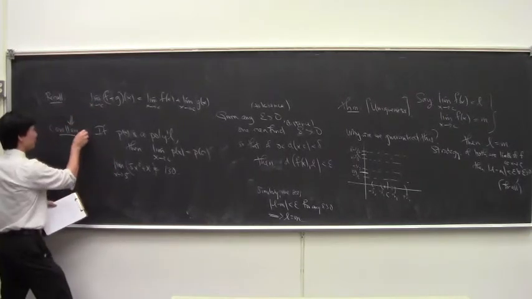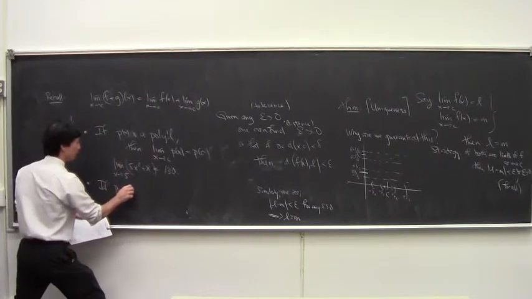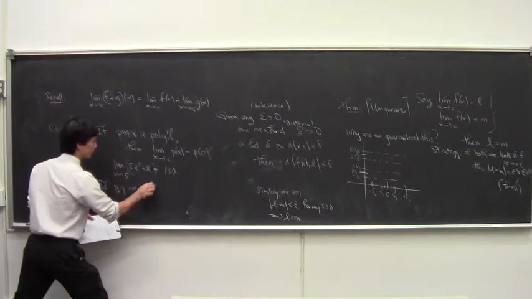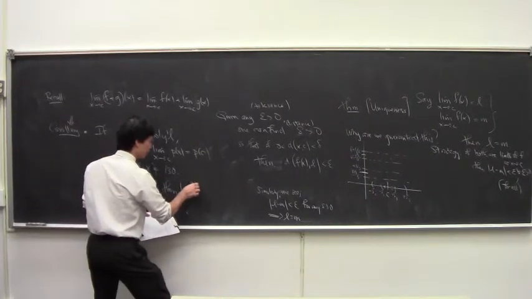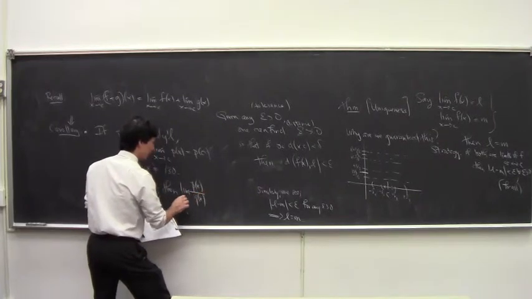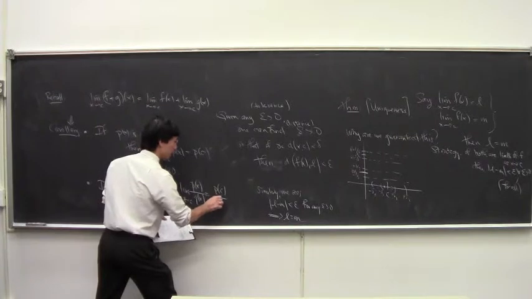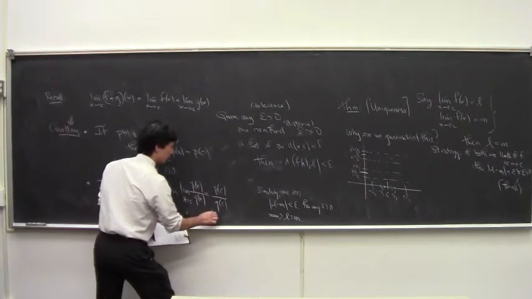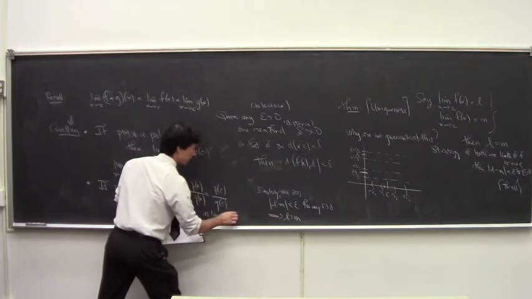It's also true, so that's actually part one. If p and q are polynomials, then again the limit of the quotient of these guys is again going to be just the thing evaluated, as long as q of c is non-zero.